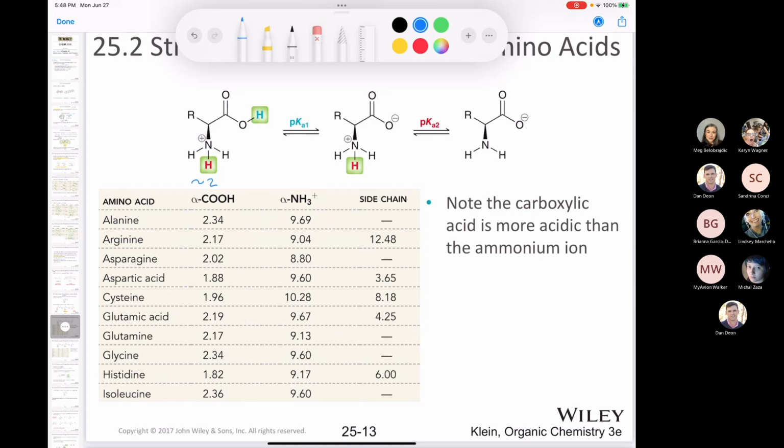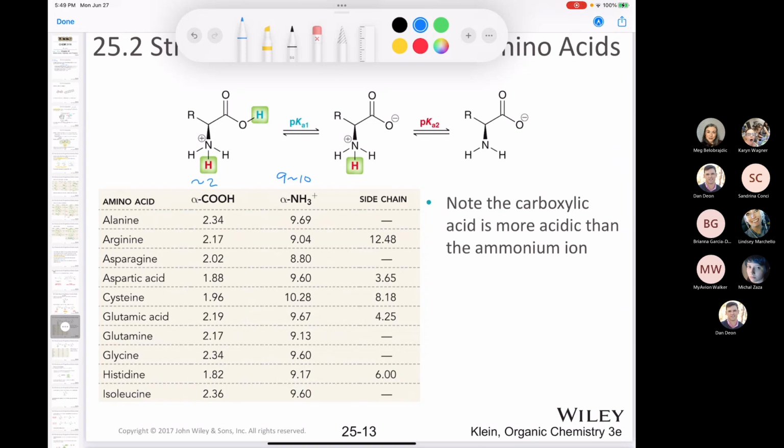Whereas the amino group is around 9 to 10. But those are both very close. So the carboxylic acid is more acidic than the ammonium ion, but that shouldn't really be a surprise. If you go back to the ARIO principles, it makes sense that it would be more acidic, and the pKa values don't lie.